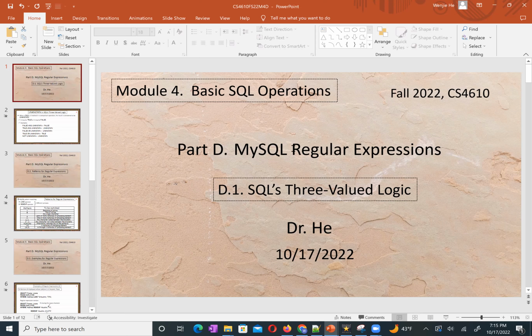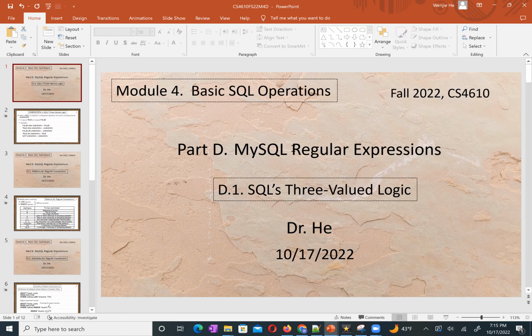Today, we have part D of module 4, the last part of module 4. After that, we complete module 4, our basic SQL operations.